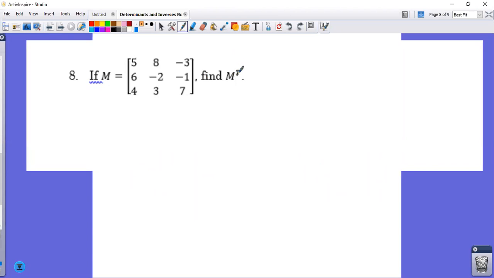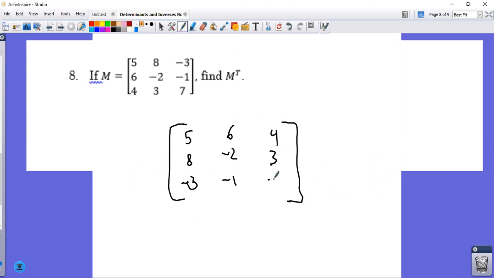So if it says find M to the T power, that means transpose that matrix. A 3 by 3 would still be a 3 by 3. It's just now 5, 8, -3 is your first row. And then 6, -2, -1 becomes your next row. Then 4, 3, 7.